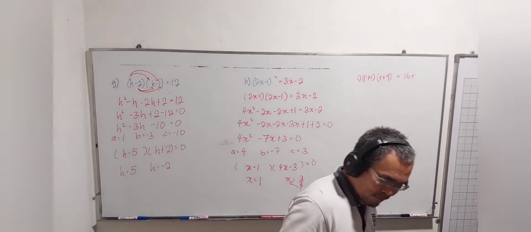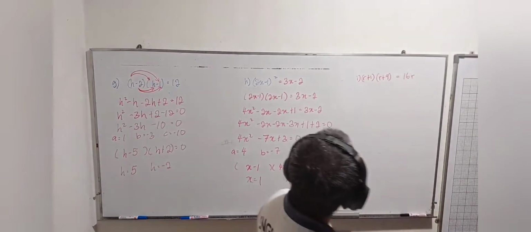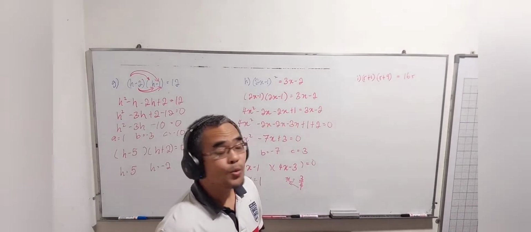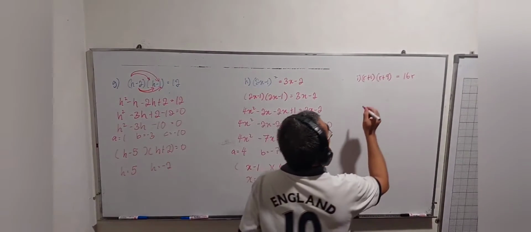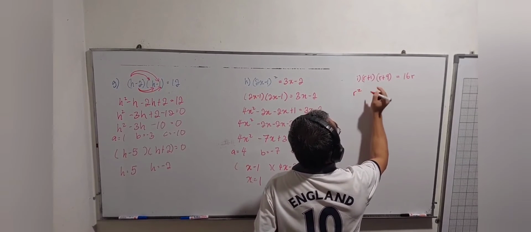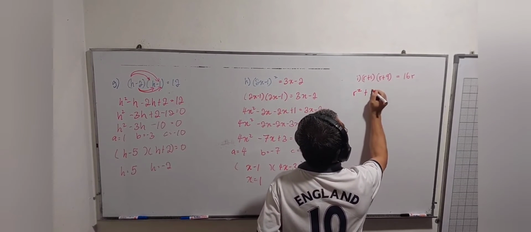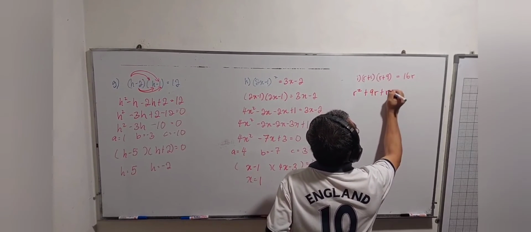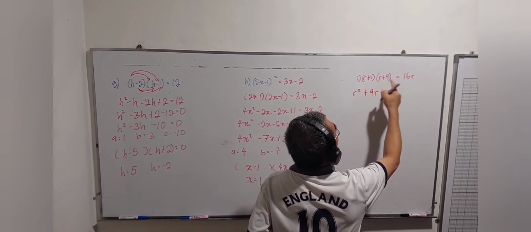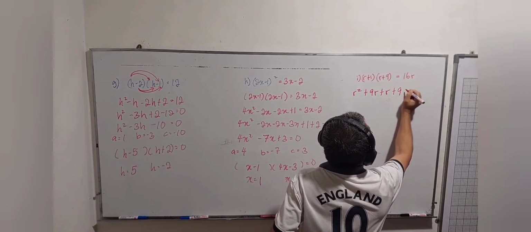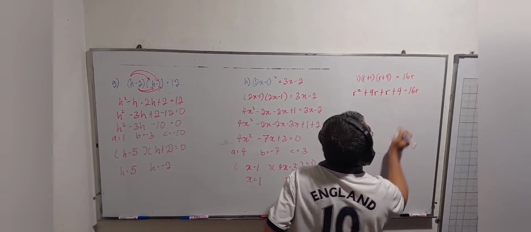And the last question from number 2 is (r + 1)(r + 9) equals 16r. So we should multiply that: r times r, so r squared; r times 9 is 9r; 1 times r will be 1r, which is r; and then 1 times 9 will be 9, equals 16r.